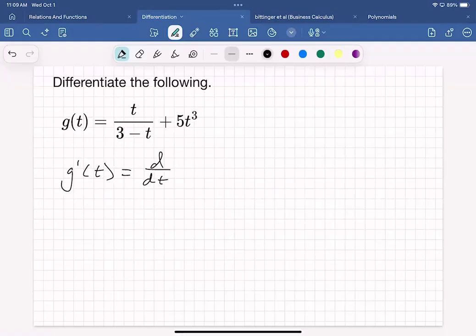That's our input variable, t. Also see that here you can separate this into 2 terms. So using the sum and difference rules would definitely be helpful, okay?